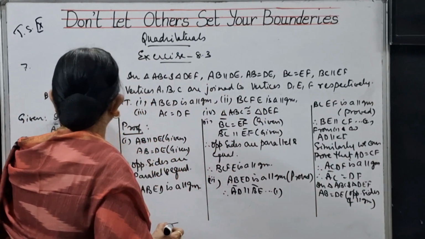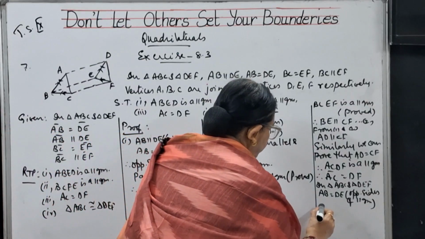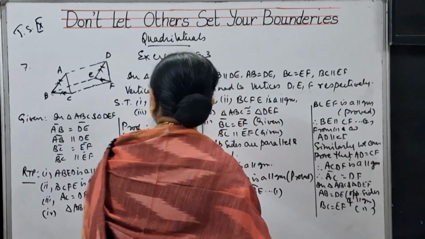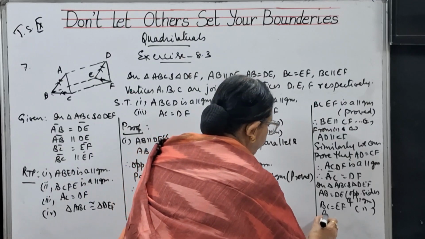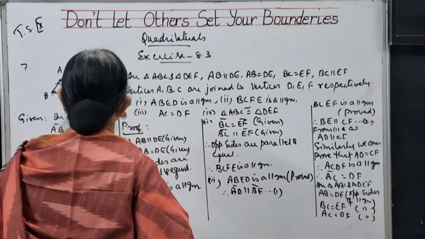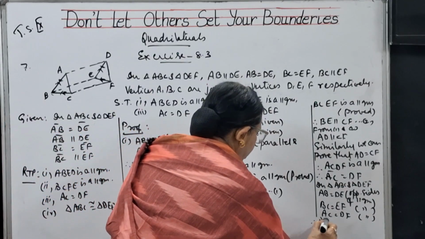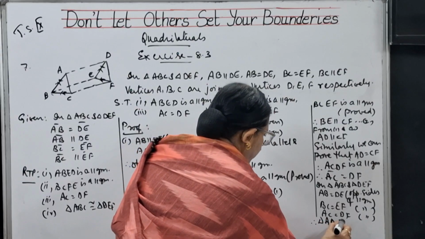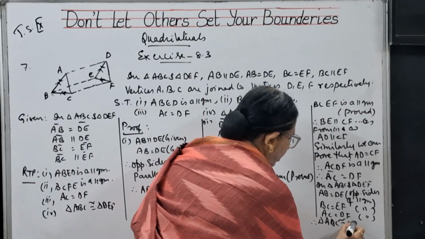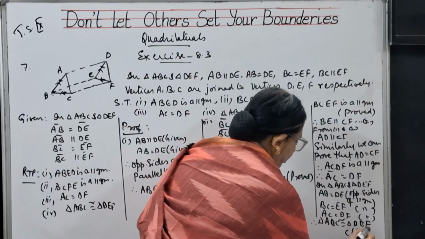Similarly, BC is equal to EF, same reason. And also AC is equal to DF, for the same reason, opposite sides of parallelogram. Therefore, triangle ABC is congruent to triangle DEF basing on side property.